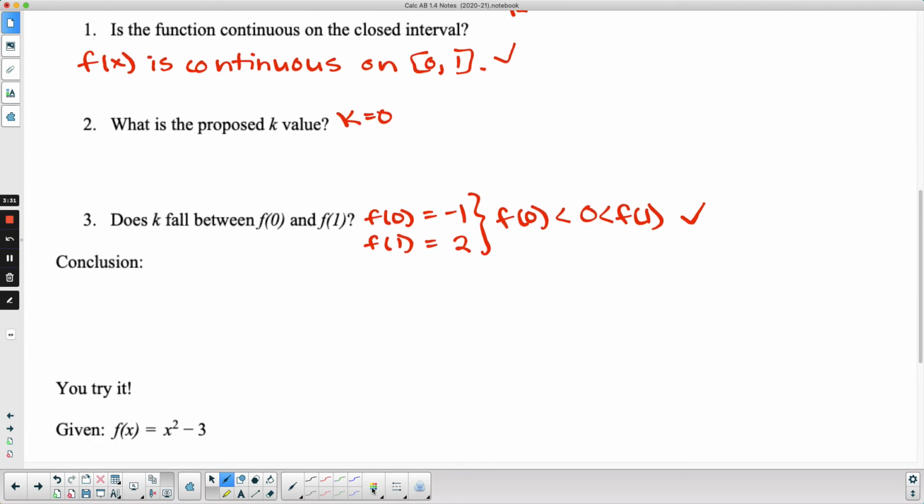So this is going to have three parts. First part, f of x is continuous on 0, 1 because it's a polynomial.